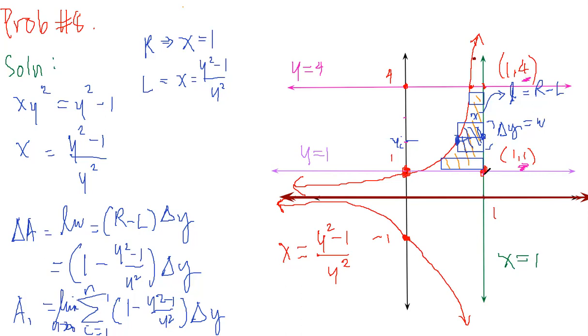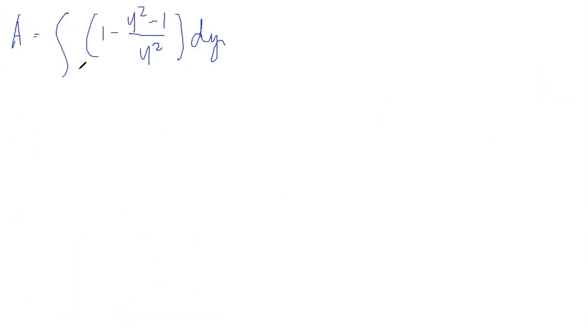These are the points of intersection, or the boundaries of the graph. This is also 1 to 4, so we will be using 1 to 4 as the limits.